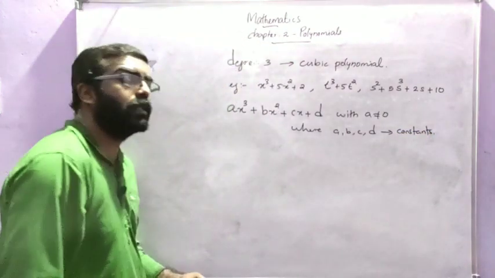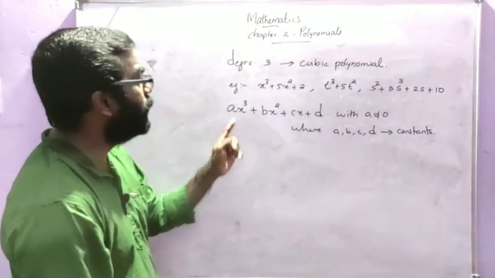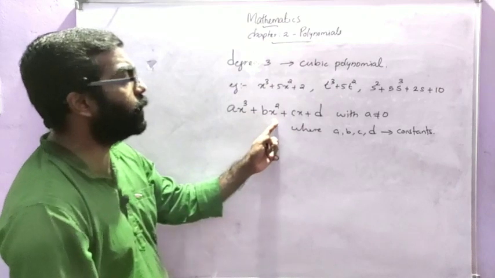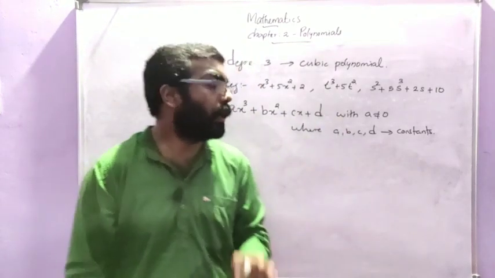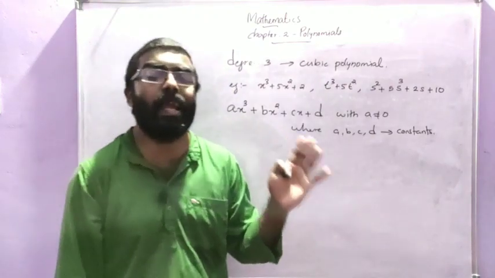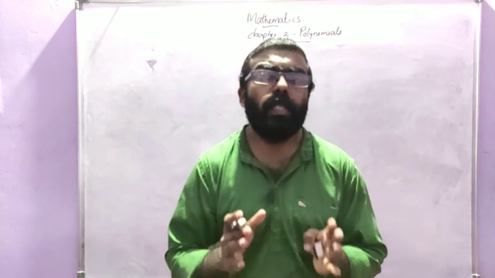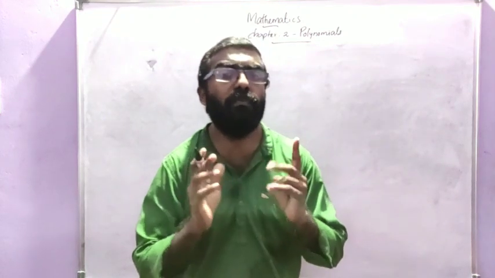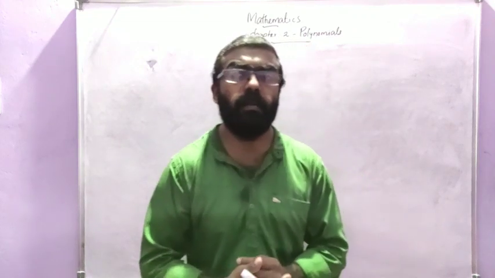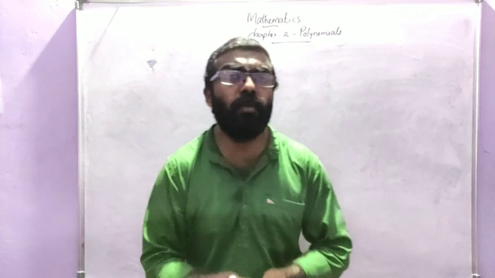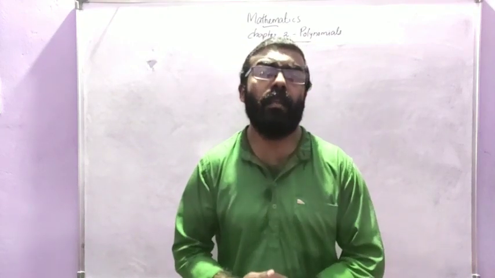Okay, the standard form or the general form of a cubic polynomial is ax cube plus bx square plus cx plus d with a not equal to 0 and where a, b, c and d are constants. Understood? Now that you have seen what a polynomial of degree 1, degree 2 or degree 3 looks like, can you write down a polynomial in one variable of degree n for any natural number n?